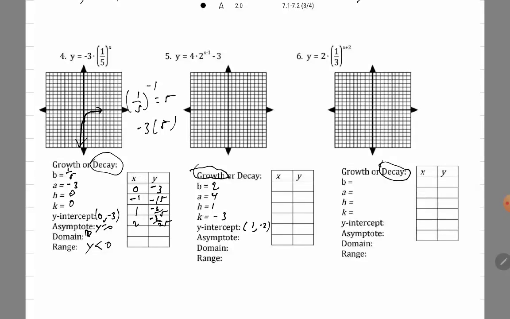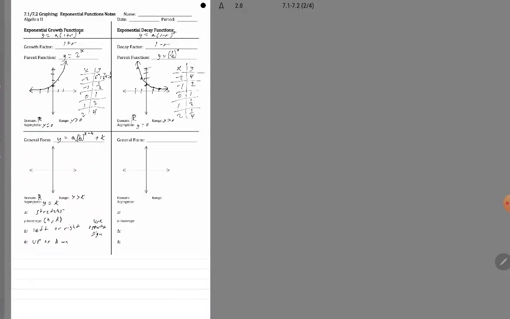Because if I plug in 1, I'll get 2 to the 0, which is 1. 1 times 4 is 4. 4 minus 3 is 1. So yeah, let's just forget whatever I said up here about the y-intercepts. I'll just erase it there. It's erased.